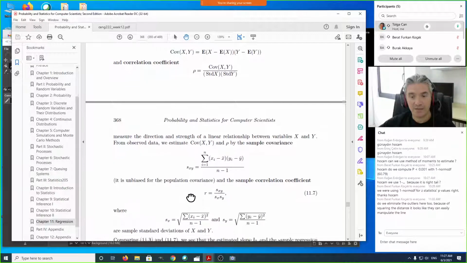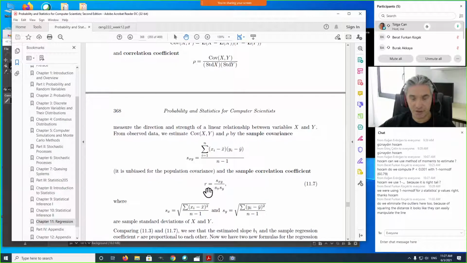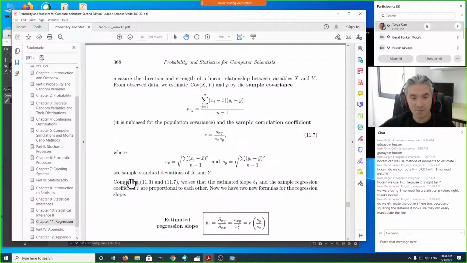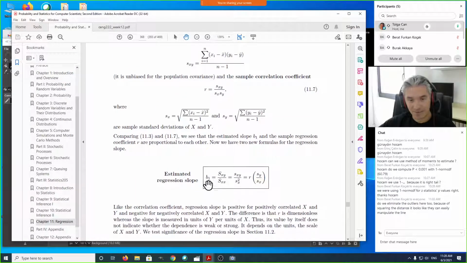And the sample correlation coefficient, rho, if we compute it from our sample, will be the sample covariance divided by the sample standard deviations Sx and Sy, which are unbiased estimators. If we put all of these together, we already knew that the regression slope was SXY divided by SXX, as given by this formula.